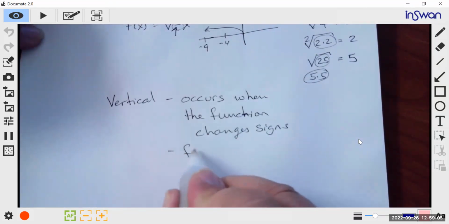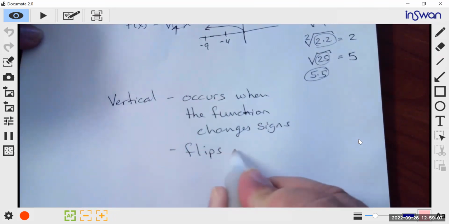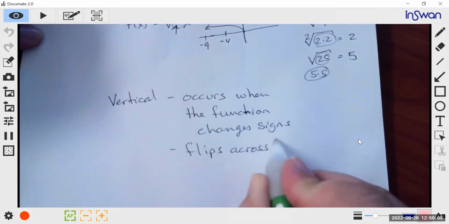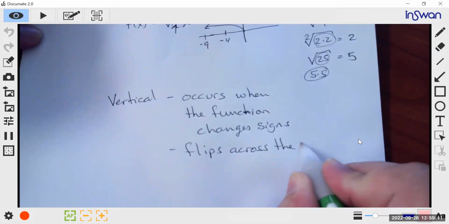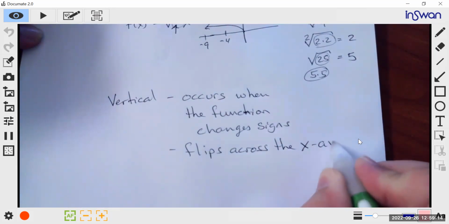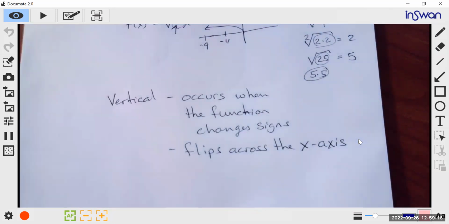This one flips across the x-axis, hence vertically up and down.